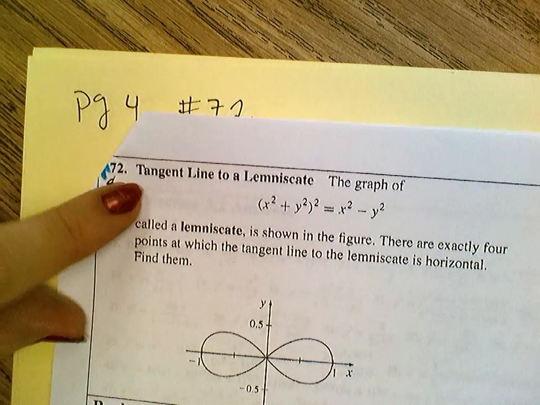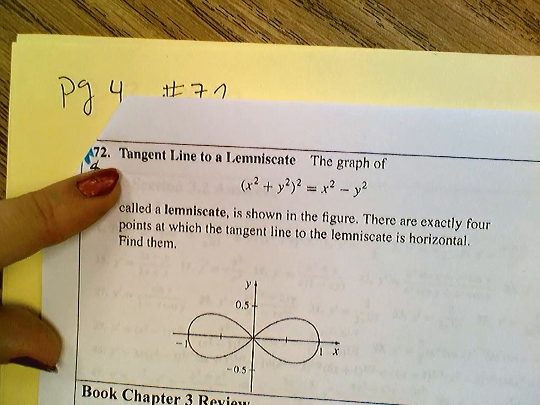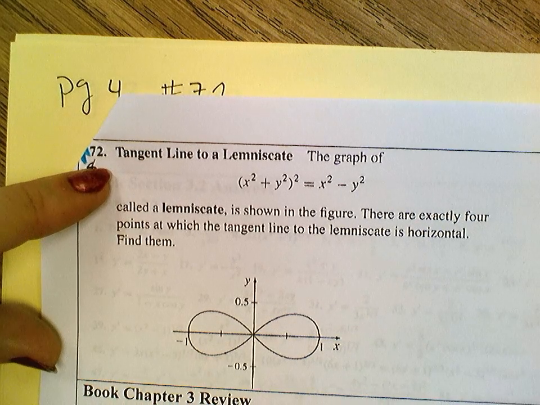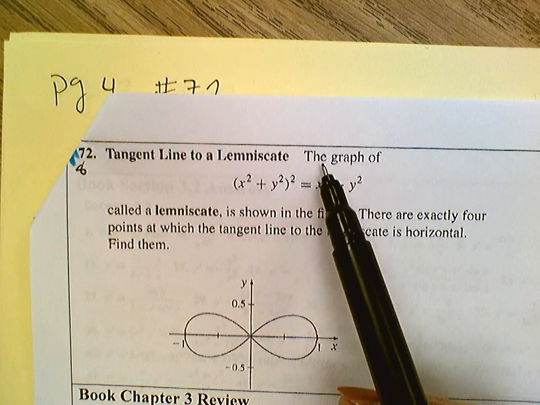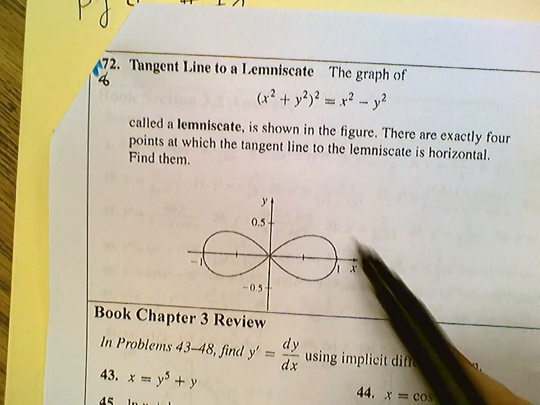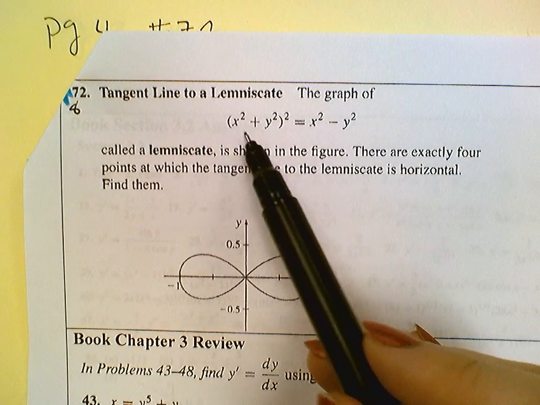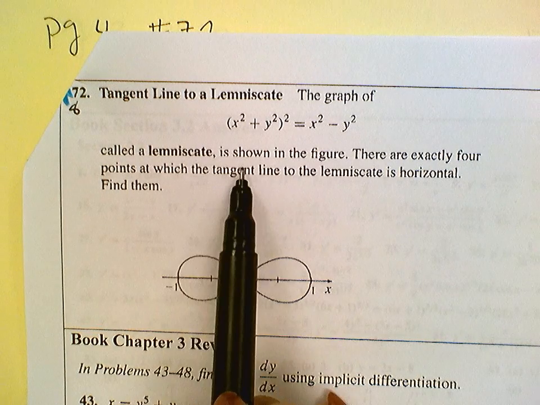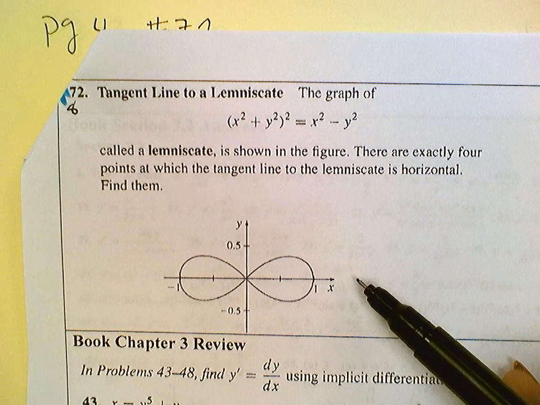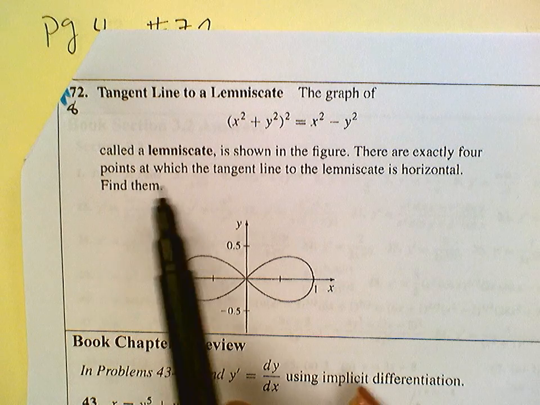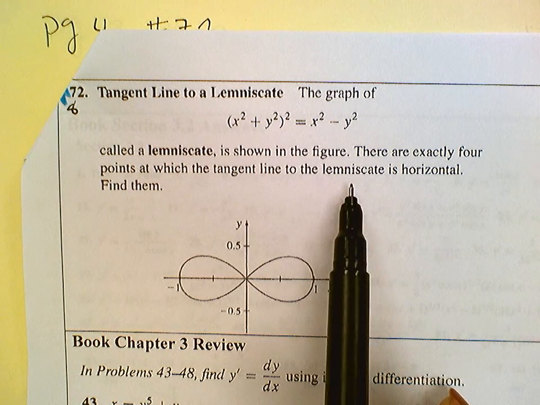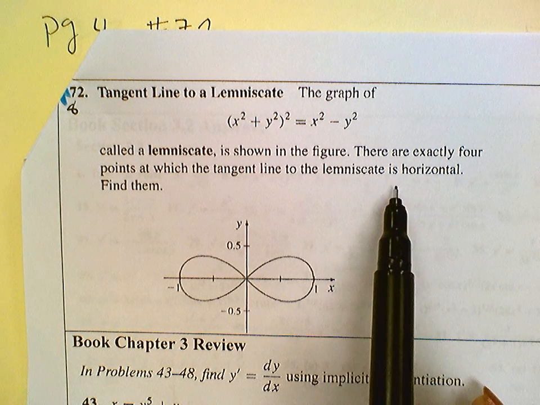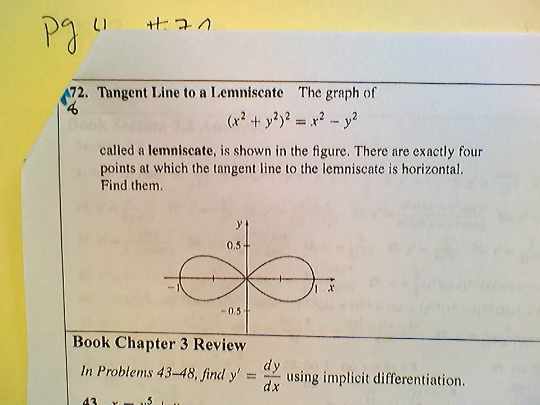Tangent line to a lemniscate. Okay, so I guess this is a lemniscate. The graph of this, called a lemniscate, is shown in the figure below. There are exactly 4 points at which the tangent line to the lemniscate is horizontal. Find them.